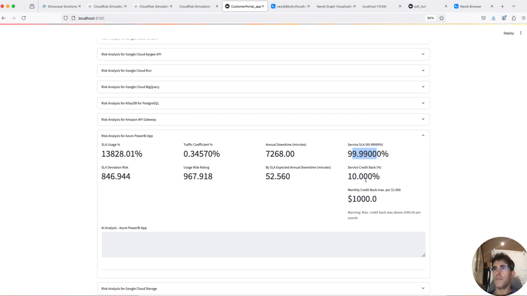If this uptime SLA is not met, they offer a service credit back of 10%, and the expected downtime is relatively low. This SLA gives compensation from the 53rd minute onwards, or 52 and a half.